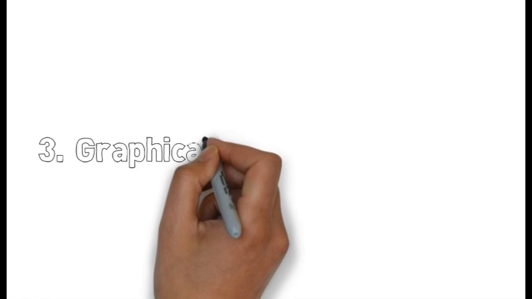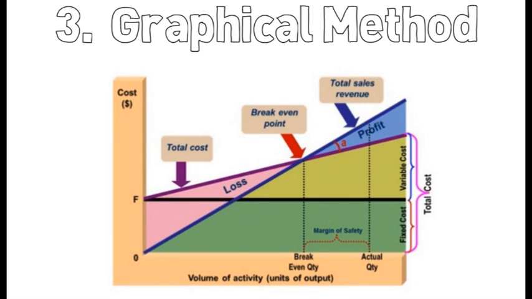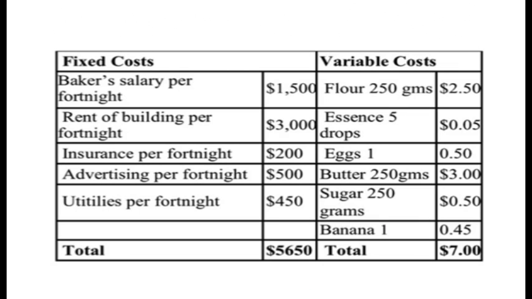And the third method is the graphical method, where you draw a chart, and in the chart, the key aspects are the total cost and the total revenue curves. The point at which the total cost curve meets the total revenue curve is your break-even point. At Marc's Bakery, which sells banana cakes, the fixed and the variable expenses per banana cake are as shown.